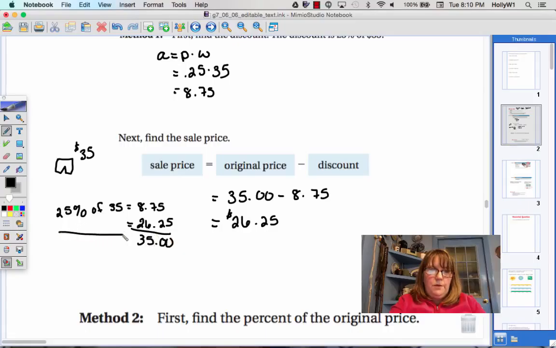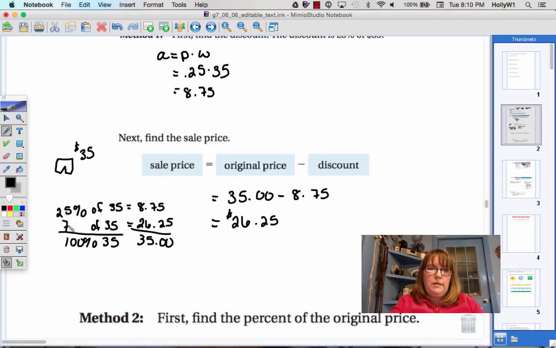Well, that $35 is 100% of 35, right? Because 100% is 1, and 1 times 35 is equal to 35. So what percent of 35 is 26.25? If those two numbers equal 35, and that's the whole, and this is 25%, how do I get to 100%?